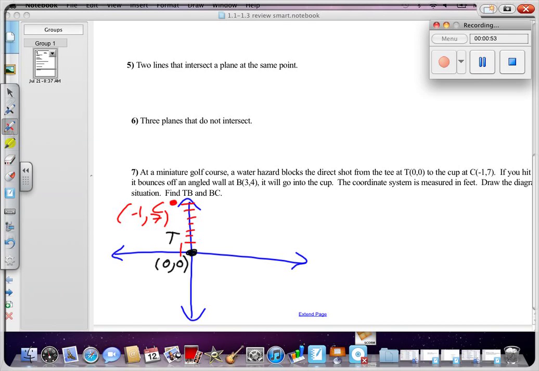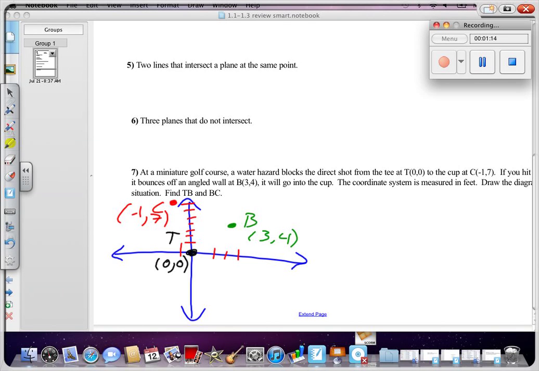If you hit the ball so it bounces off an angled wall at B, 3, 4, it will go into the cup. The coordinate system is measured in feet.